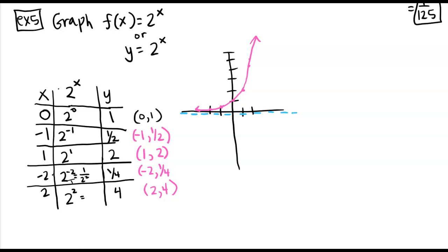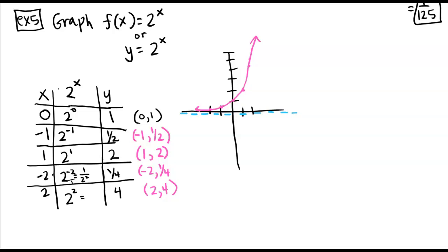So it's getting really, really close to it, but never going to touch it. Okay, so think about if you're standing just a certain distance away from a wall, and you said, okay, I'm going to go half the distance to that wall. And you did. And then you do that again, half the distance to the wall, half the distance to the wall. Are you ever going to get to the wall?